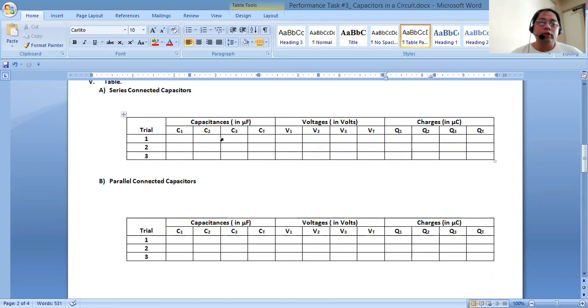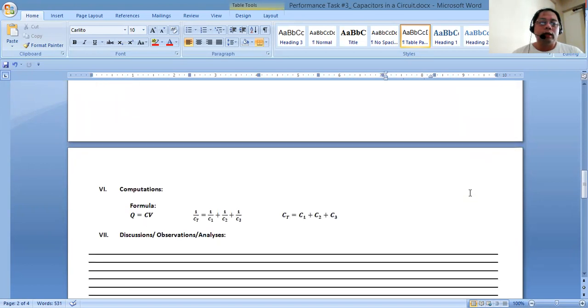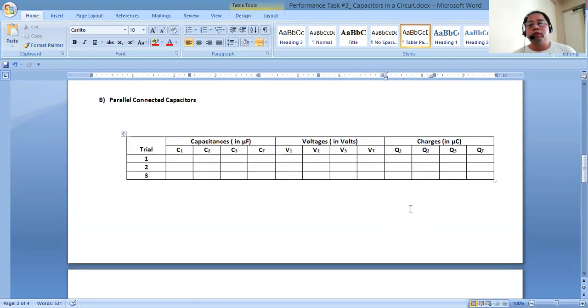And then for the values here, the suggested values for C sub 1, C2, C3 must be increasing from trial 1 to 3. And the voltages are to be determined using your voltmeter. Now, this is the column where you will solve. And again, for Q, you will need the equation Q equals C times V to get each of these needed values.